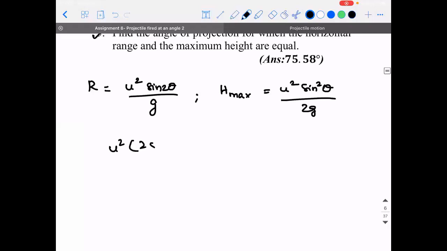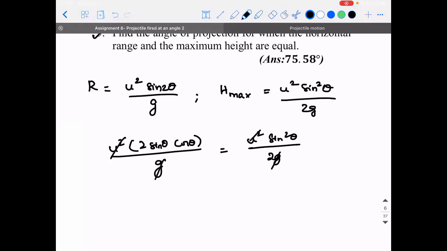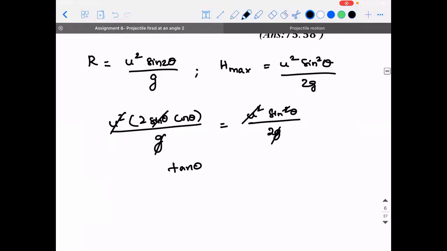So tan theta will be 4 and theta will be tan inverse of 4.